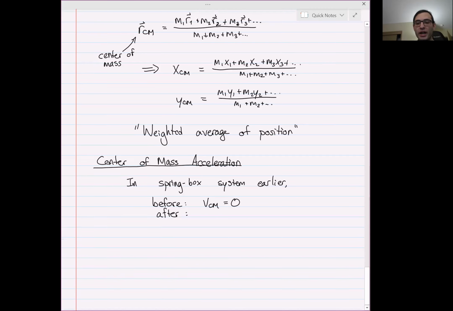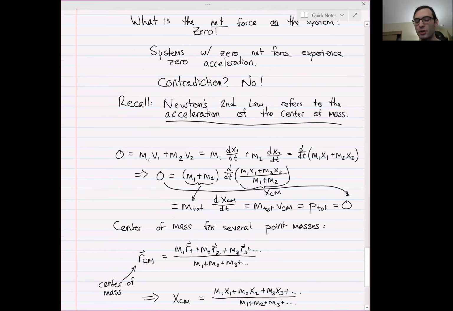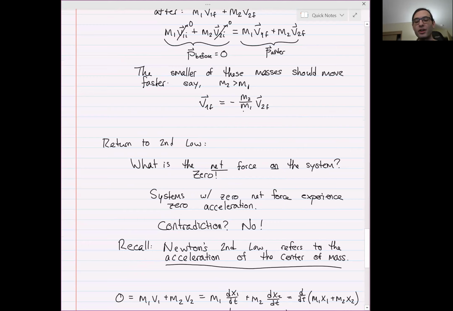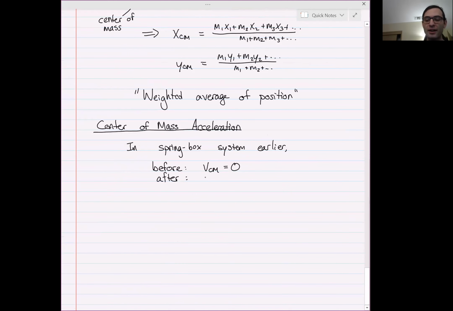Well, the way that you would do that is you would plug that in here, take derivatives, and you would get (m1 v1 + m2 v2) divided by (m1 + m2). After plugging in the values for v1 and v2, you would find that the center of mass velocity after they spread apart is also 0.